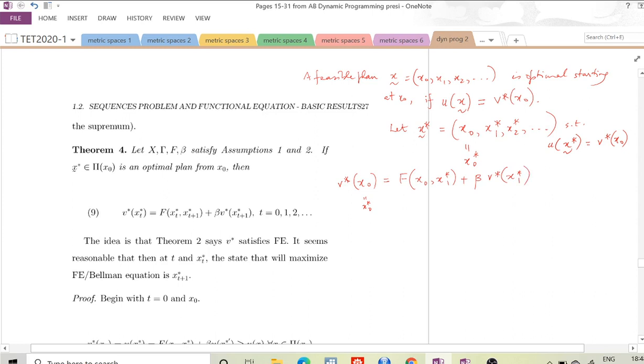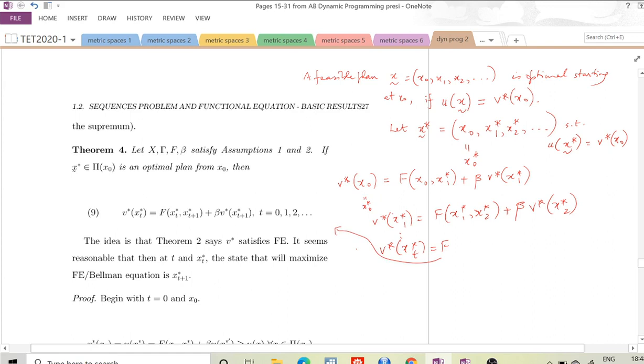Okay, that's satisfied. Then at x star 1, the following is satisfied: v star x star 1 is equal to f of x star 1 x star 2 plus beta v star x star 2. Yeah, and so on. In period t, v star x star t is equal to the right hand side here.